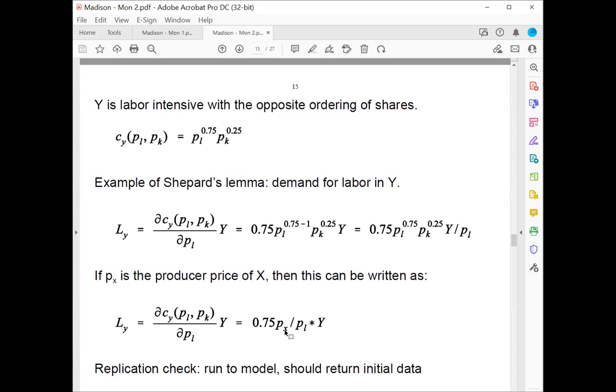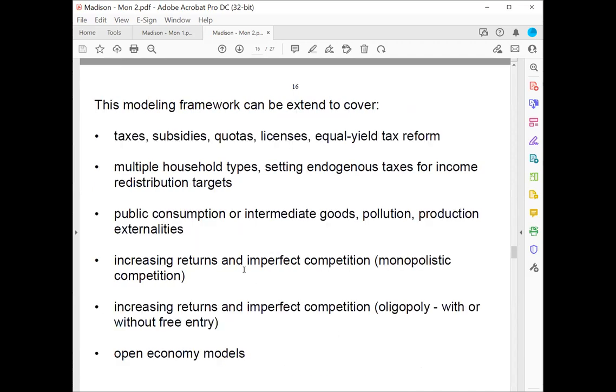That looks like another mistake. That should say PY, not PX. Oh boy. But you can see the utility again of Shepard's lemma and allowing the creation of the market clearing conditions once you have the correctly calibrated cost functions.